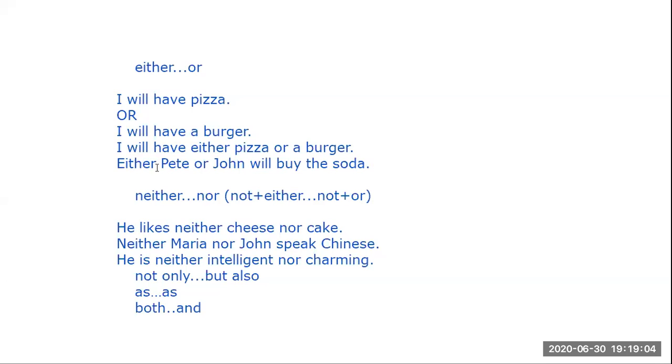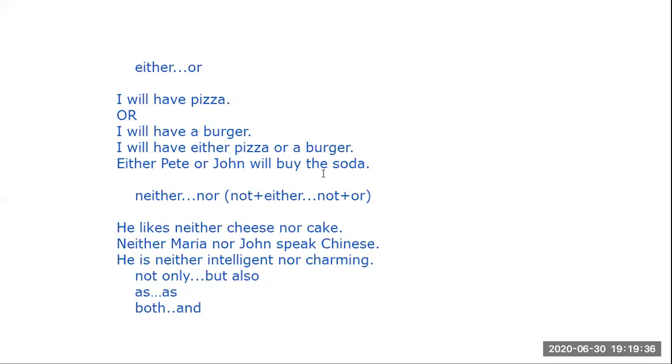This is saying that Pete will buy the soda or John will buy the soda. So either Pete will buy the soda or John will buy the soda. And we join these together to say either Pete or John will buy the soda. Okay, in this case, we don't know, but we know that one of those things is going to happen. So Pete will buy it or John will buy it.